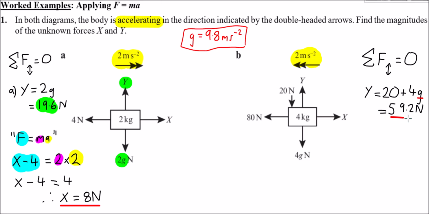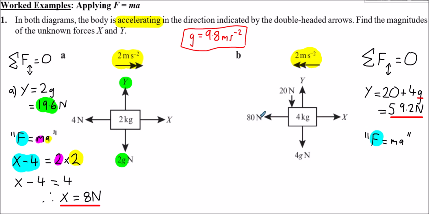What we can do now is work out the forces going to the left or right. So the object is accelerating to the left, 2 meters per second squared. Again, we can apply the idea of F equals ma to this particle or object.